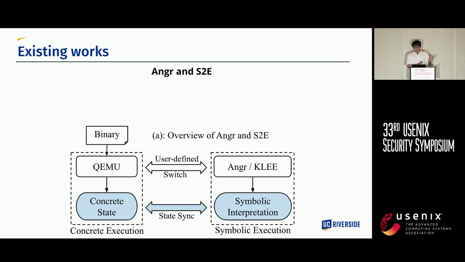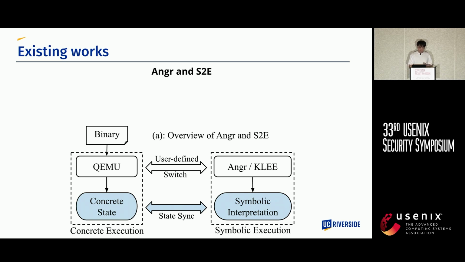So let's look at the evolution of binary code Concolic executors. First, we have tools like Angr and S2E. Typically, it starts by executing the binary concretely and then switches to a certain part of the code or functions.